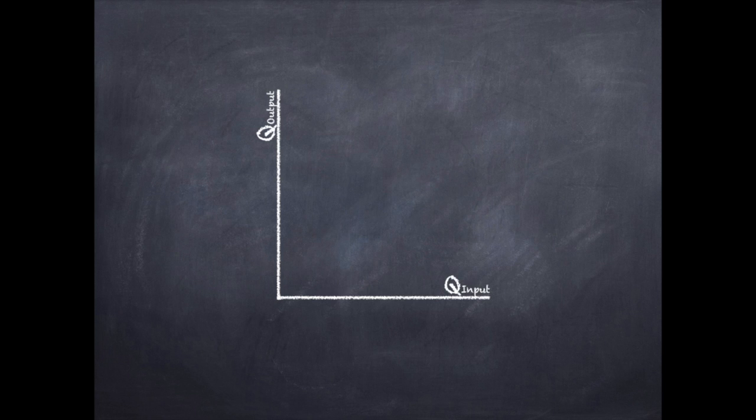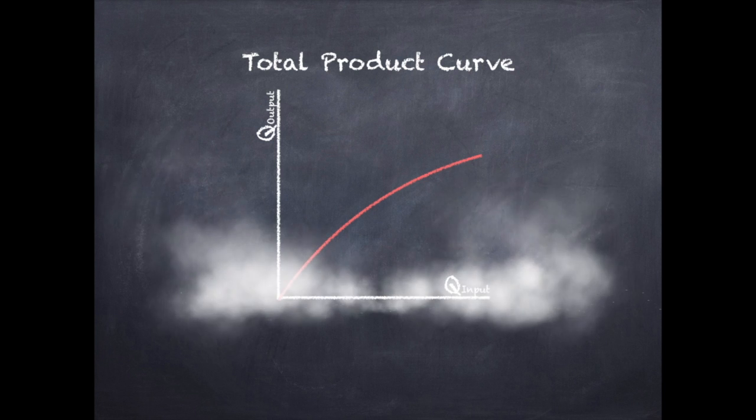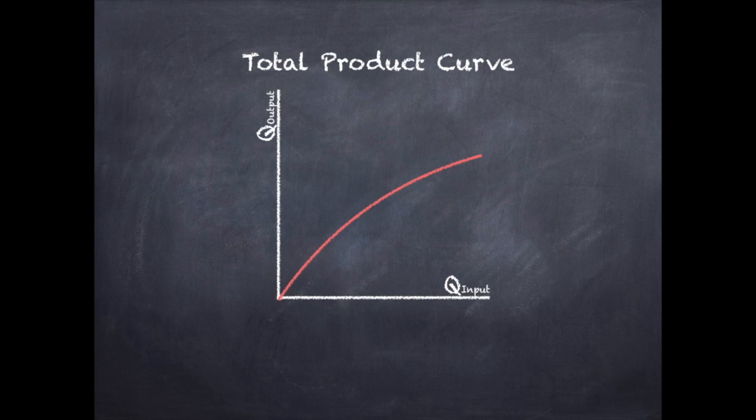Now this is our total product curve, and the graph looks exactly like this. Yes, that is the graph for our total product curve, which is showing us how the quantity of output depends on the quantity of the variable input for a given quantity of the fixed input.